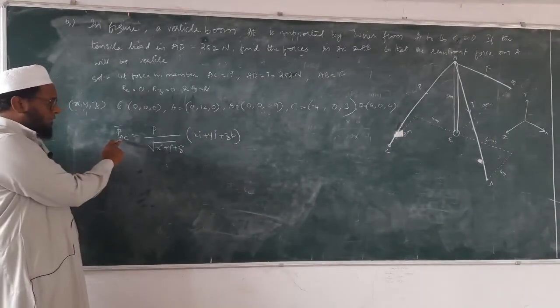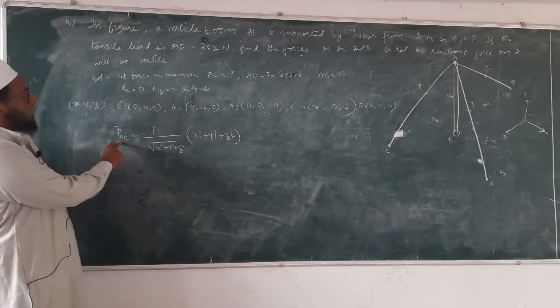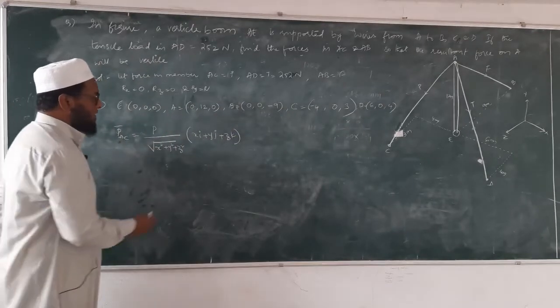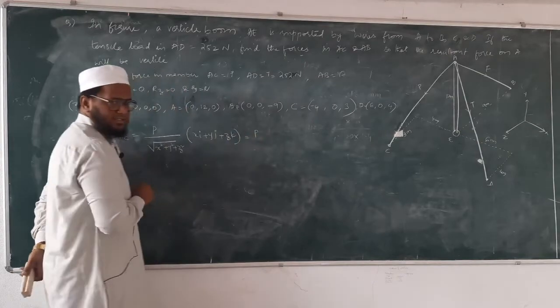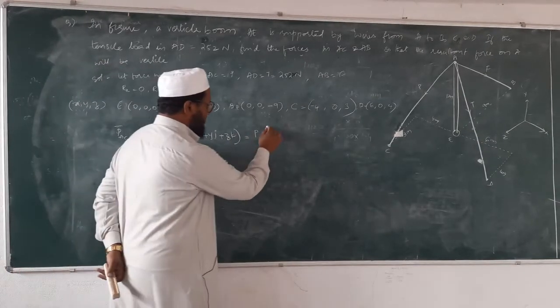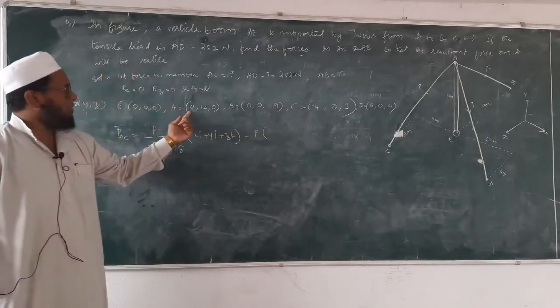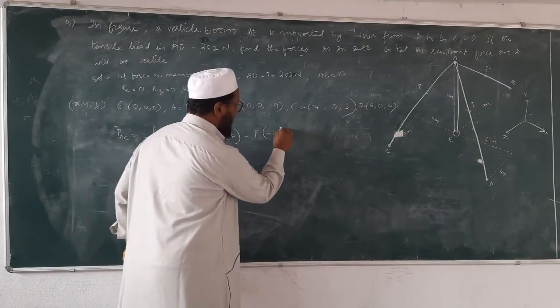See, force is passing from A to C, so C minus A. Where is C? Can you tell me this value? We don't know the value of P, so I am writing P as it is. Now, minus 4 minus 0, minus 4I.